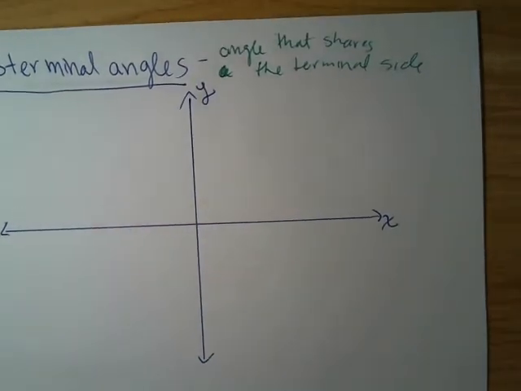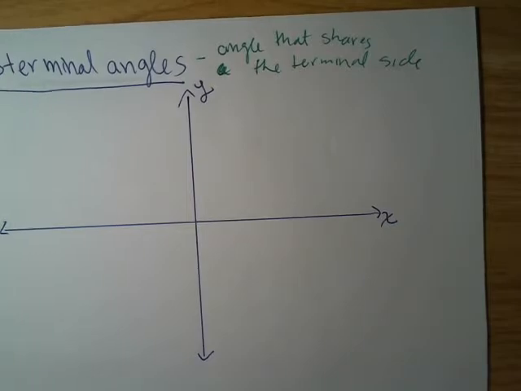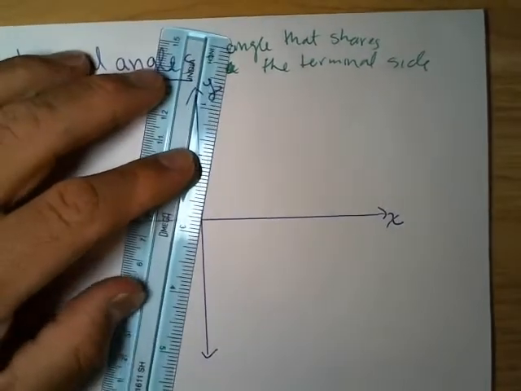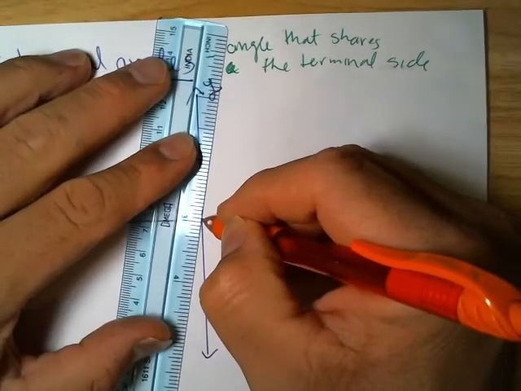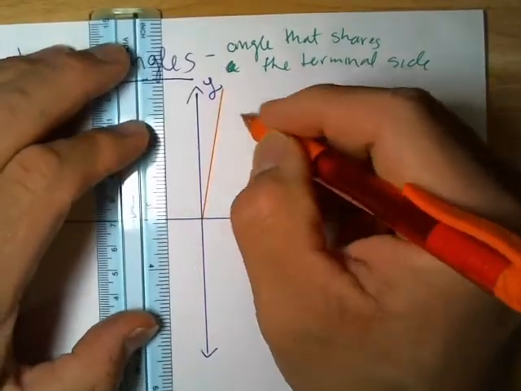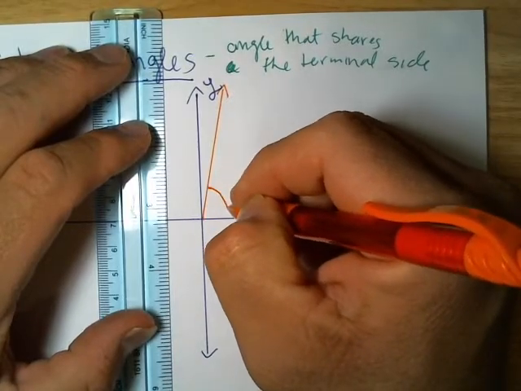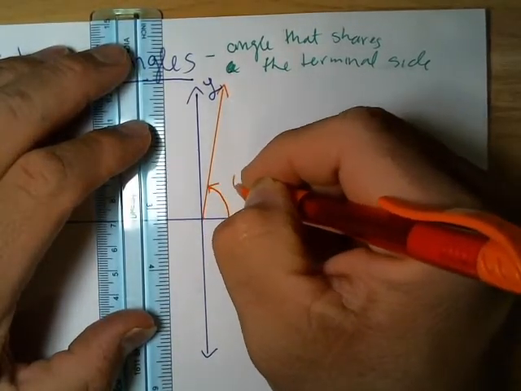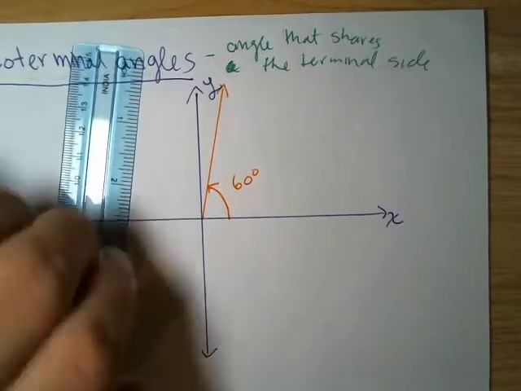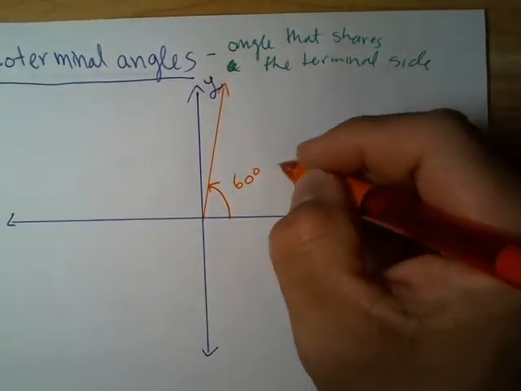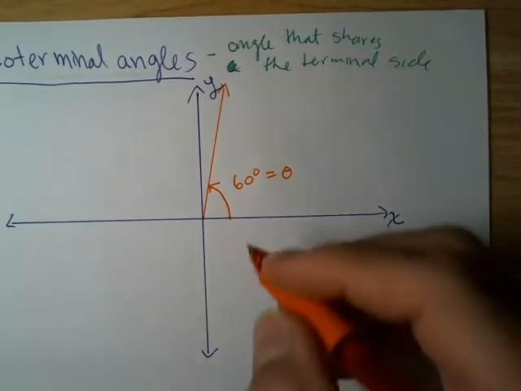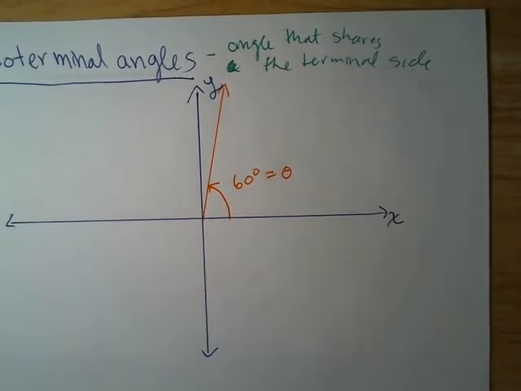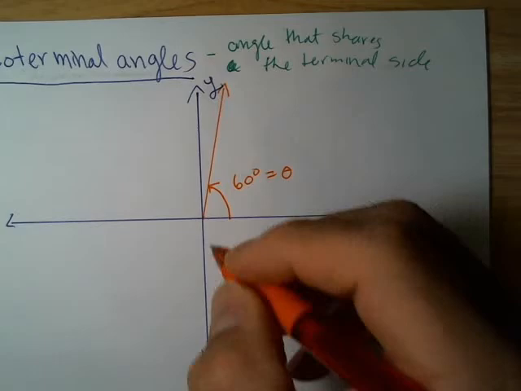Let's say we wanted to draw a positive 60 degrees, and let's call that angle theta. Let's say we want to go the other way, in the negative direction.